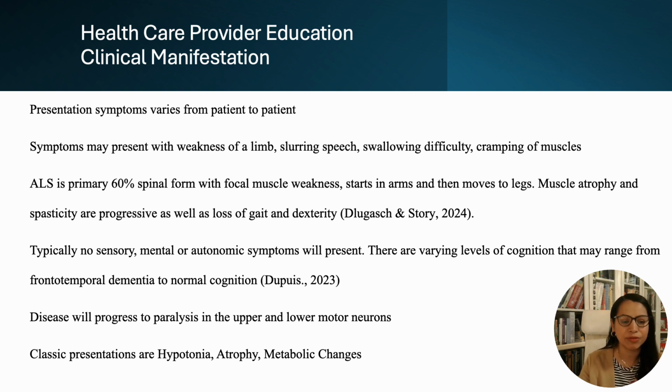Classic presentations for these patients are hypotonia, so that's muscle issues such as spasticity, atrophy as well, so that's muscle wasting, and metabolic changes.